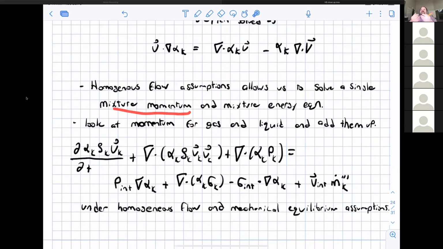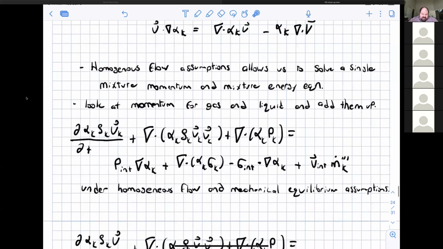Basically, we can combine all of the momentum equations for all of the phases into one, and we can combine all of the energy equations into one, because we are assuming that the velocity is common between all of the phases, and we are assuming that the pressure is common between all of the phases, and we are assuming that the temperature is common between all of the phases. And so basically that allows us to greatly simplify the governing equations.